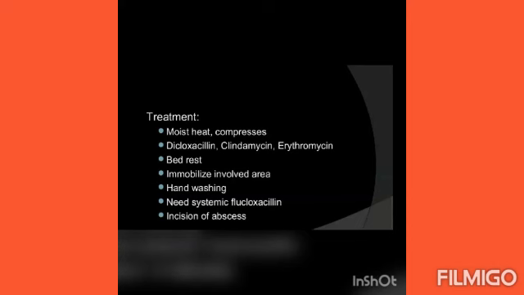Okay, and we need patient monitoring, to know if it is resolving or if it is spreading. Then mupirocin ointment also can be applied to the patient topically. Topically means superficially we can apply the ointment.